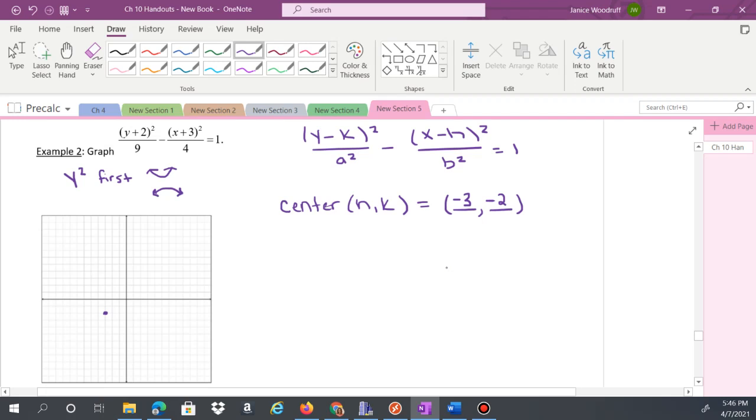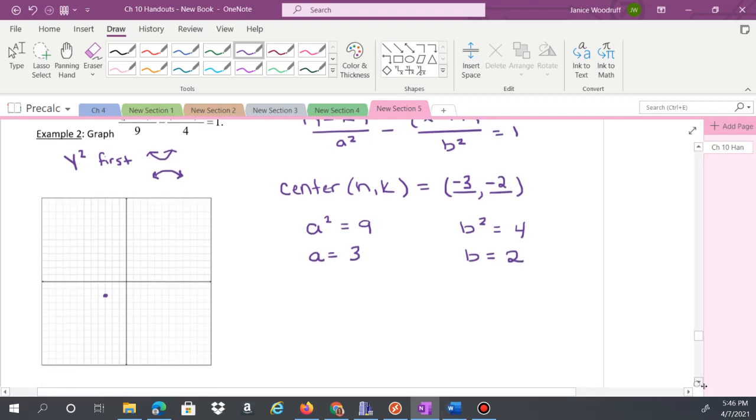All right, so then we have a. So we have a squared is 9, and b squared is 4, which means our a value is 3, our b value is 2. So now we also know where the center of each of these is. Now it's 3, but it's not 3 from the origin now. Now you're counting from where the vertex is.